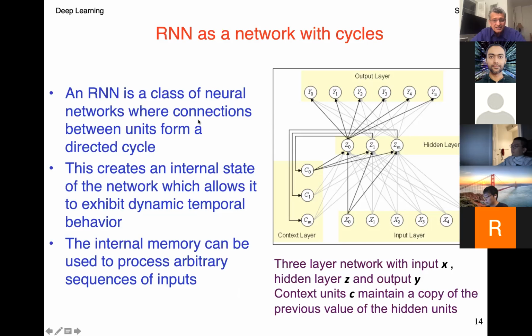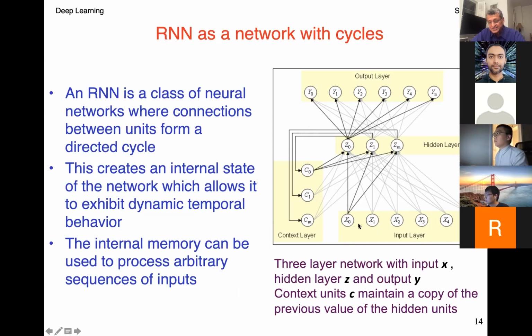An RNN is a class of neural networks where connections between units form a directed cycle. We call it a cycle in the sense it's going forward and going backwards and forms a cycle. This creates an internal state of the network which allows it to exhibit dynamic temporal behavior.